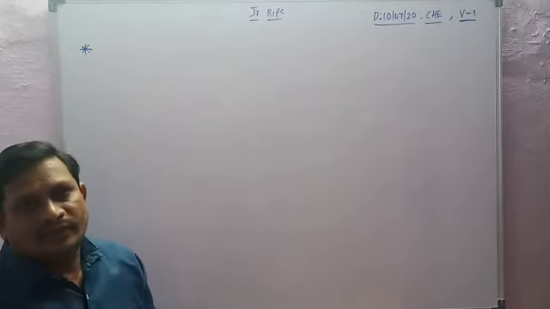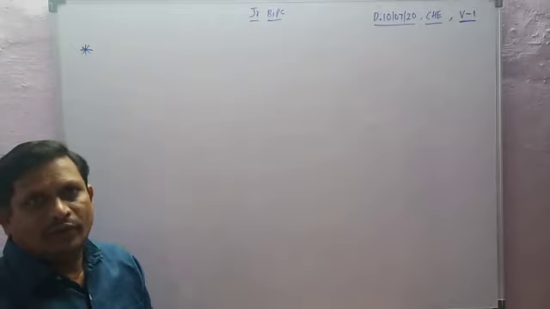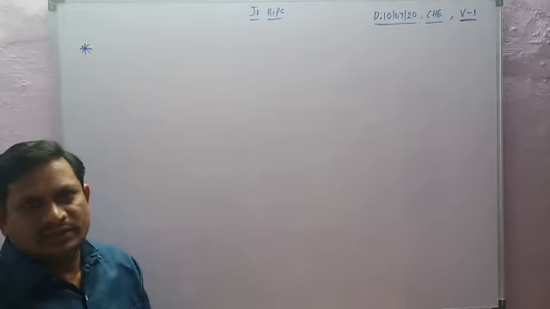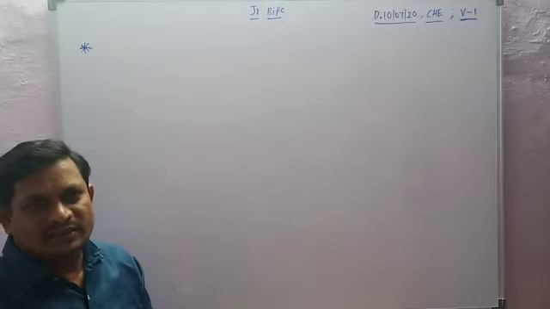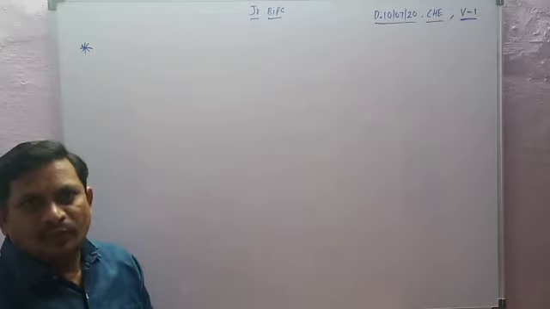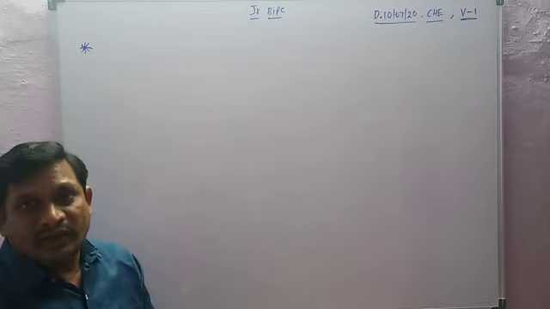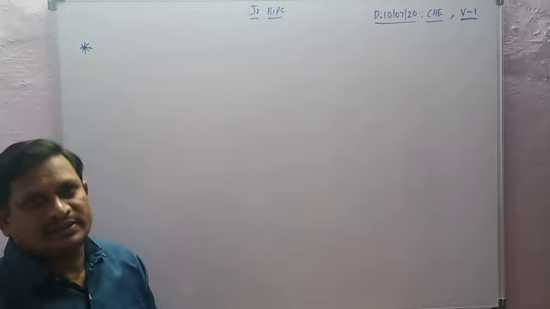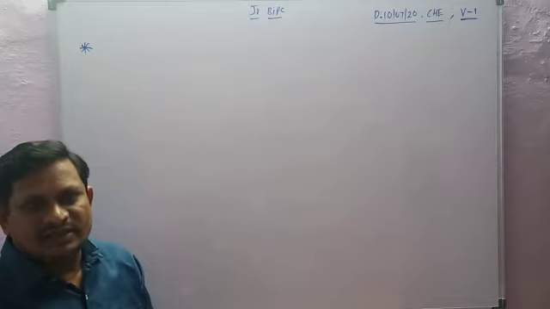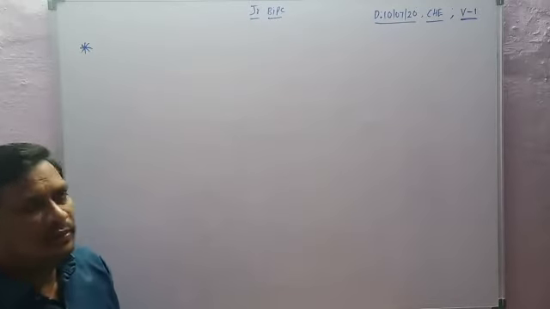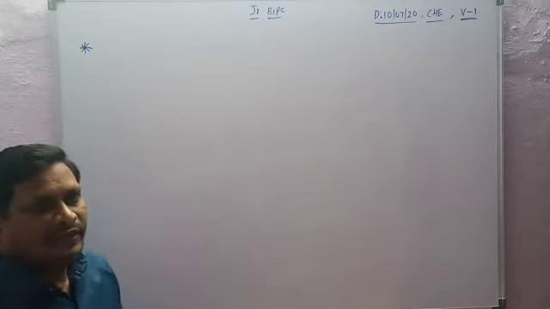The first one is periodic properties. What are periodic properties? The properties of the elements that are repeated at regular intervals are called periodic properties.